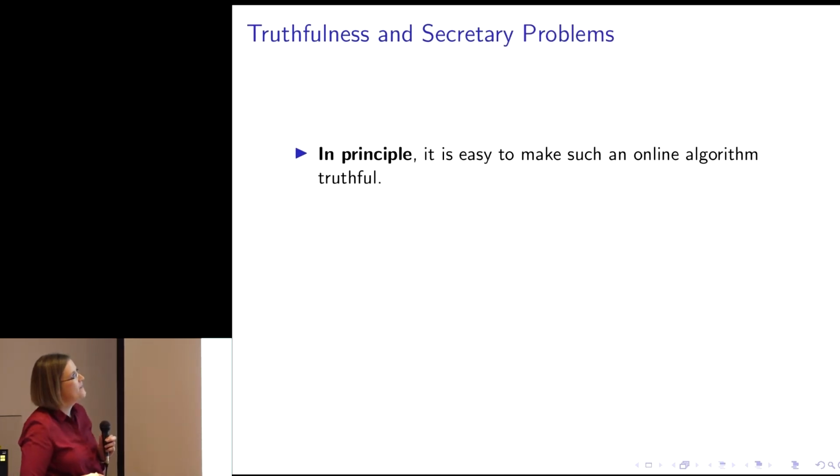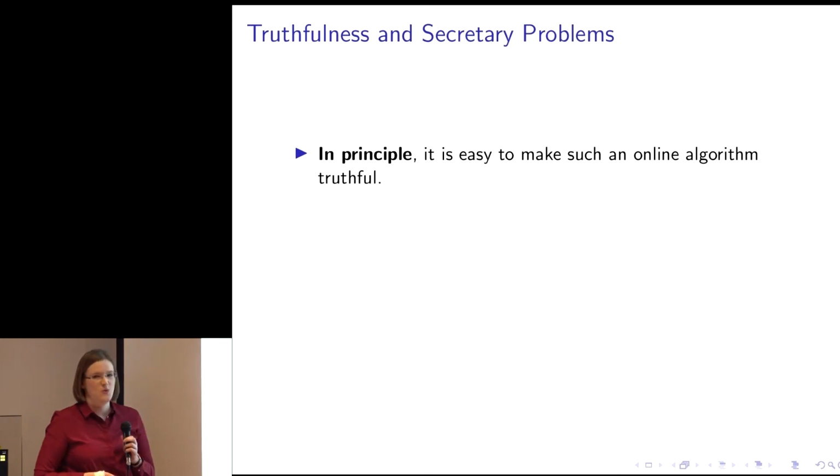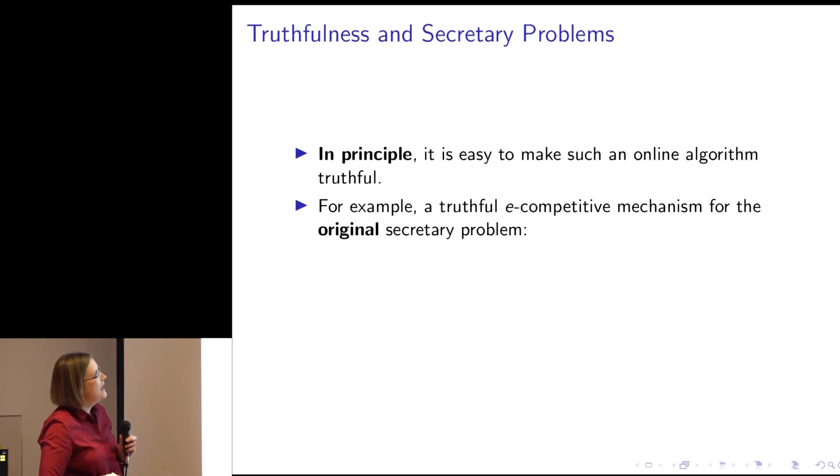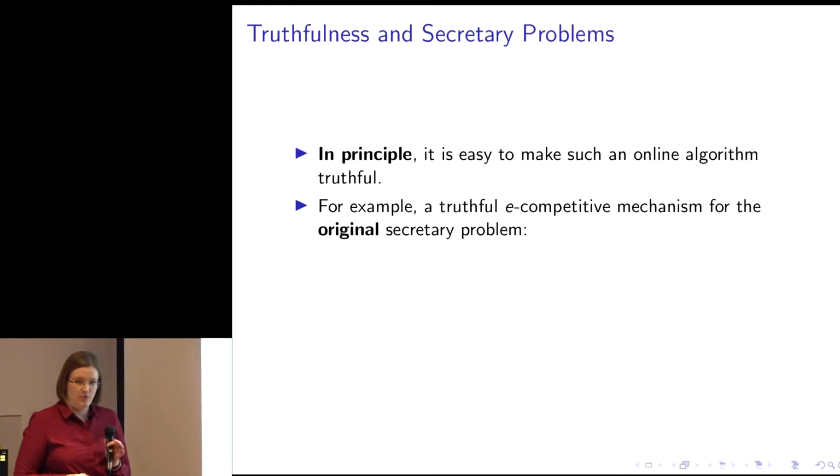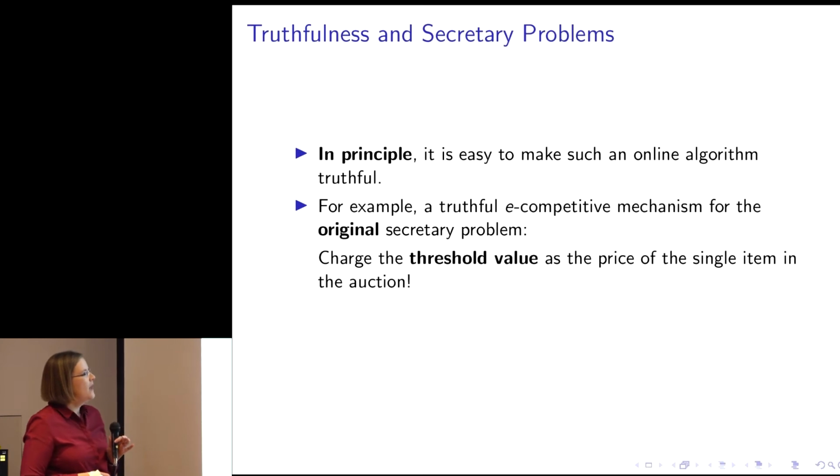However, it is not really easy to turn these algorithms that I mentioned into a truthful version. Let's just try to think about why. On the one hand, for the original problem, truthfulness is easy because you can take your threshold value, the best you've seen, charge that as a price, and it will do the trick.